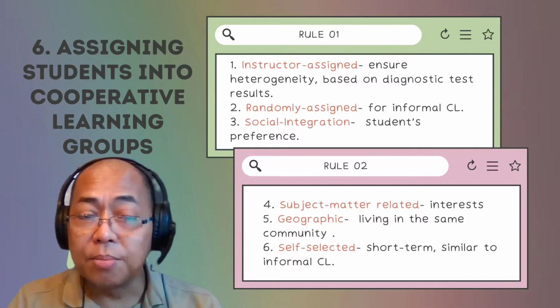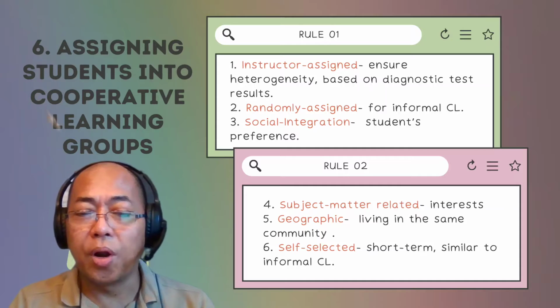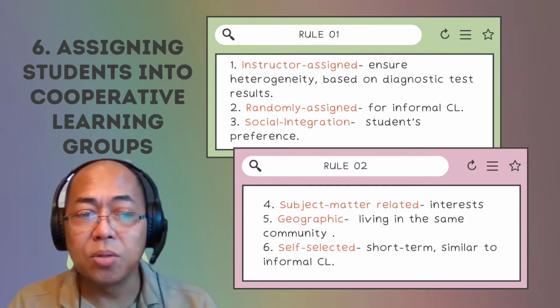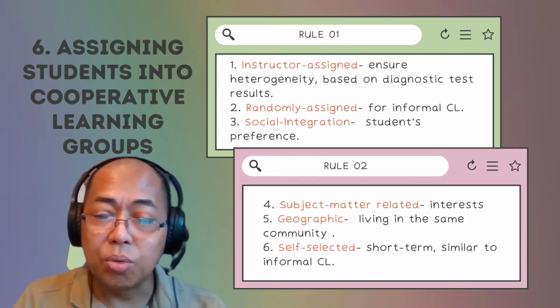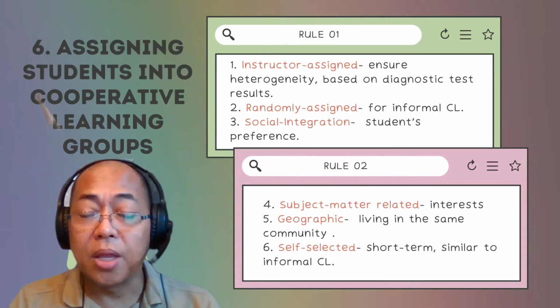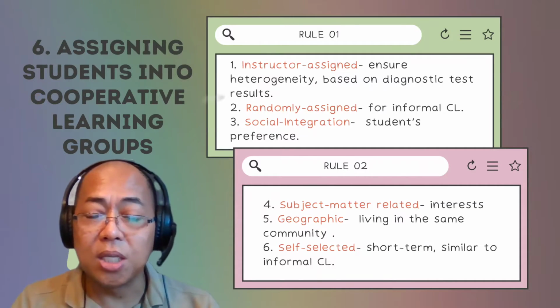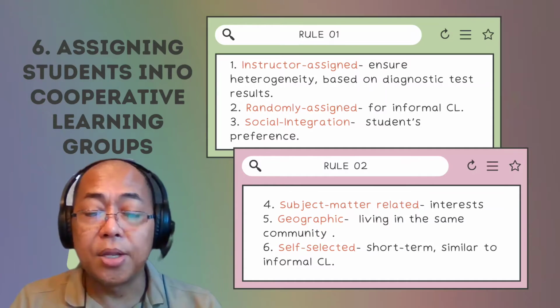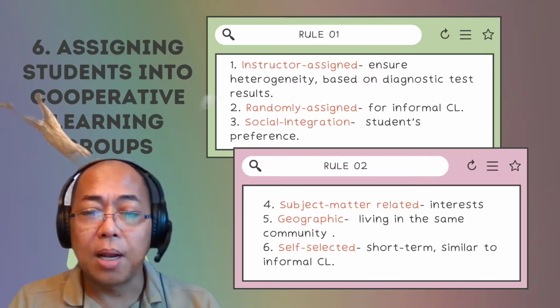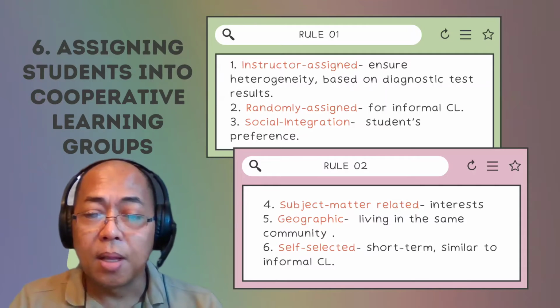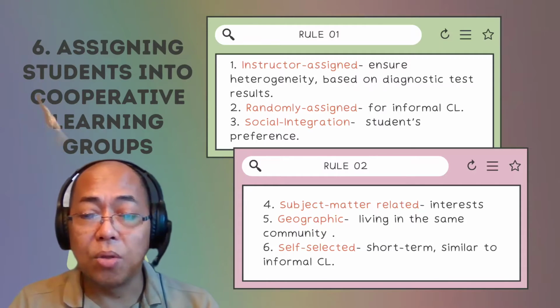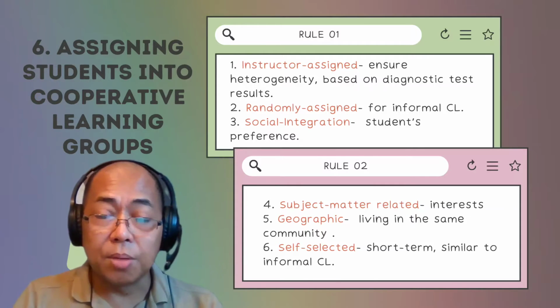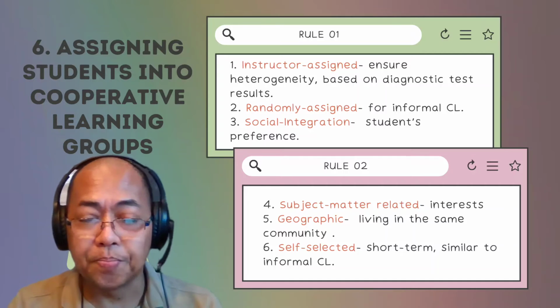Fourth is subject matter related groups or same interest groups. In these groupings, you simply ask the students about their interests. So let's say you are teaching research, like in my case, I'm teaching Research 1 and Research 2. You have a class of, let's say, 45 students and you ask them about the topic, the subject matter that they would like to go into.